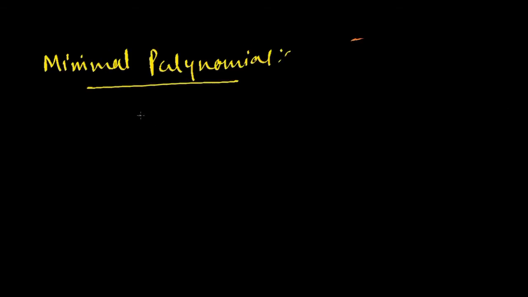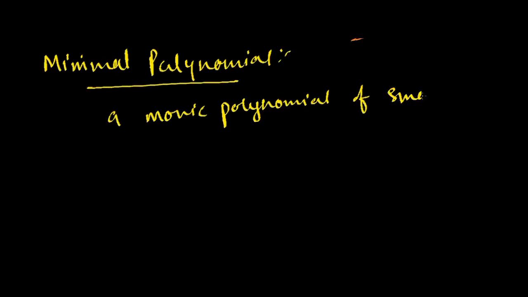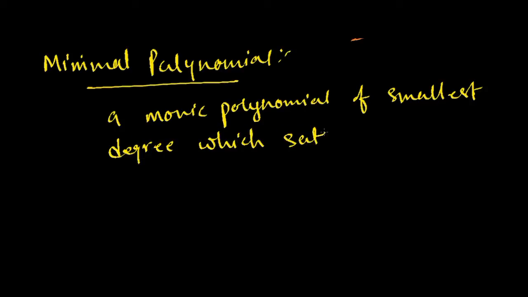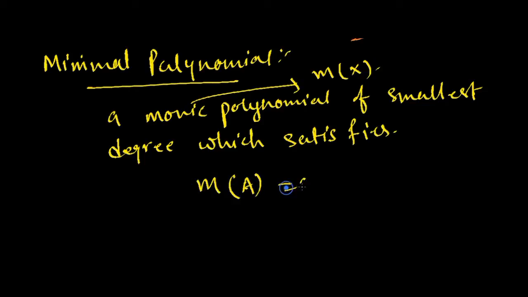It is nothing but a monic polynomial of smallest degree which satisfies, so if the monic polynomial is m of x, then it satisfies m of A equals 0.